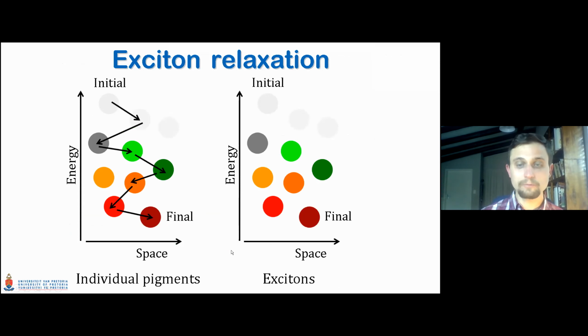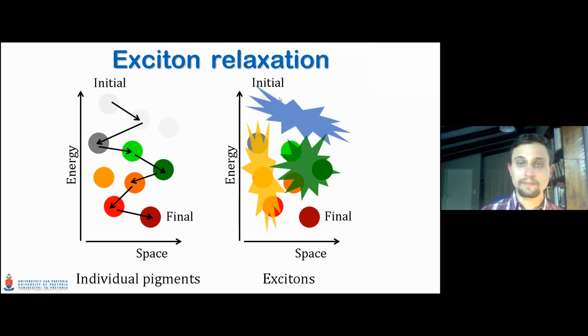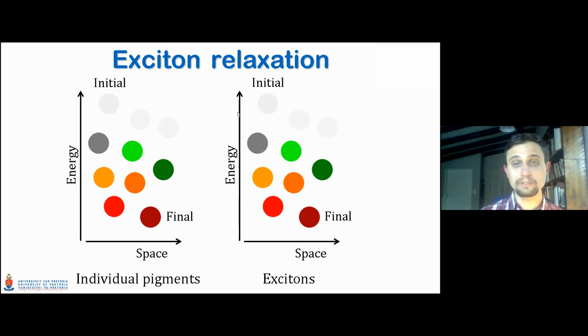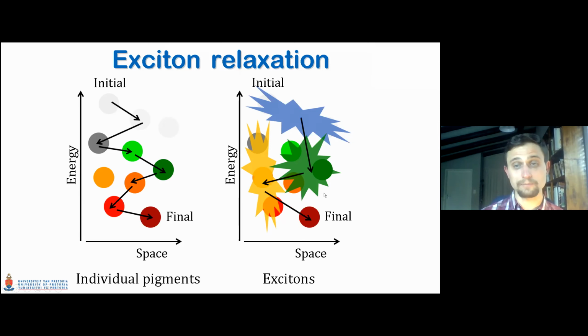But now if you make use of these excitons, say that these 3 are coupled, these 3 are coupled, these 3 are coupled. Okay, and now you start at the inlet, and instead of 7 steps, you now need only 4 steps to go to the end. So the energy funneling or the relaxation along the gradient is much faster due to the delocalization of these excited states.